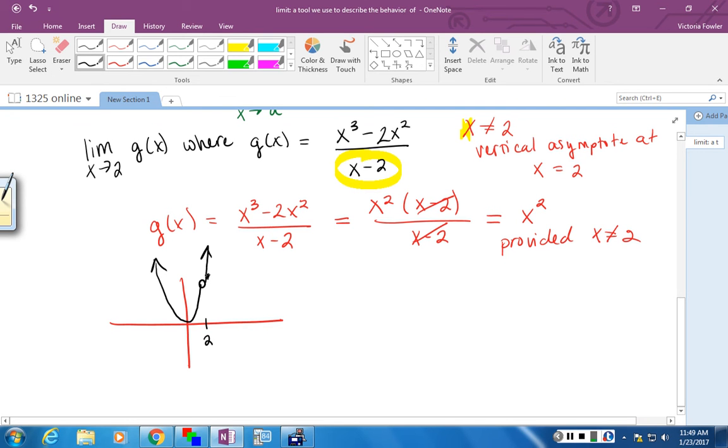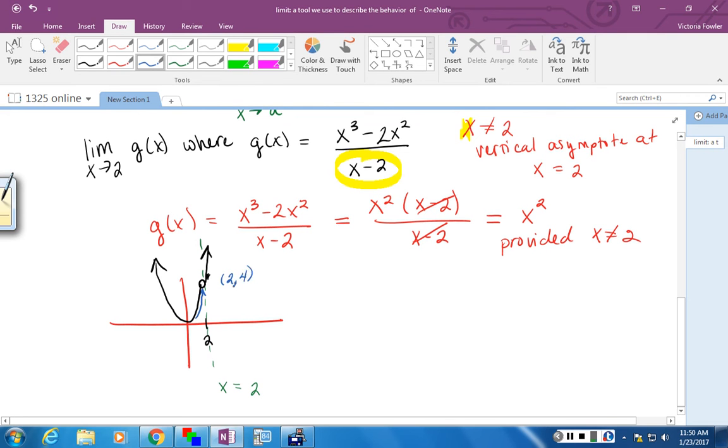right? And so if I start saying, well, there is a vertical asymptote, it is at x equals 2. And I want to talk about taking the limit as x approaches 2. Let's see if I can trace this. I'm going to approach from the left, and as I get closer and closer to 2, it looks like what I would see before.